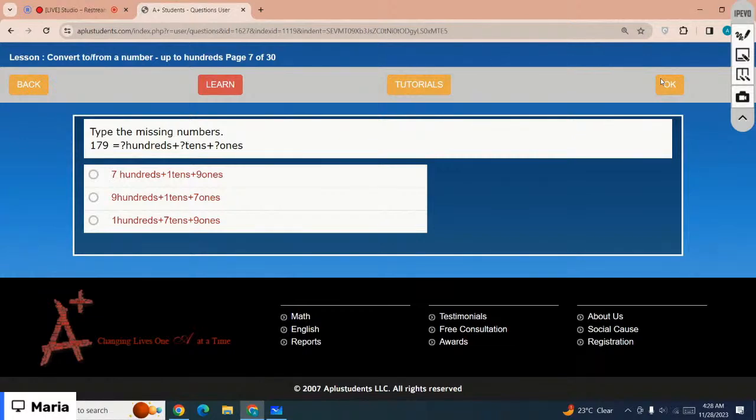Type the missing number. 179. Which is the correct option? That is 1 hundred, 7 tens and 9 ones. Option number 3 is the correct option.